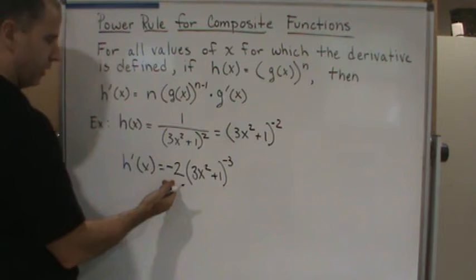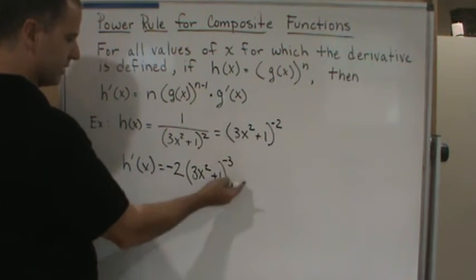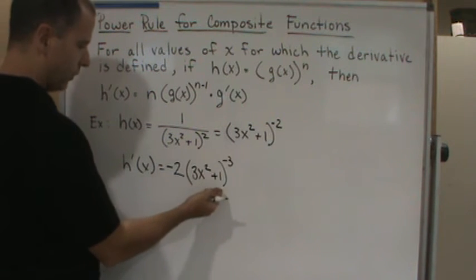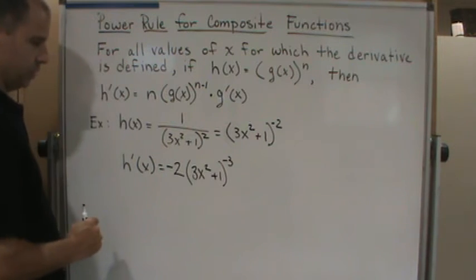Now I'm done with the outside function. This is the power rule evaluated at the inside function, g of x.